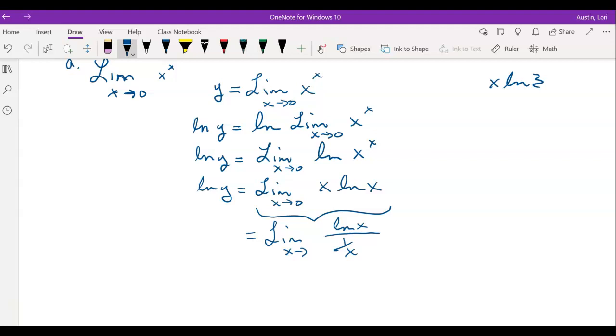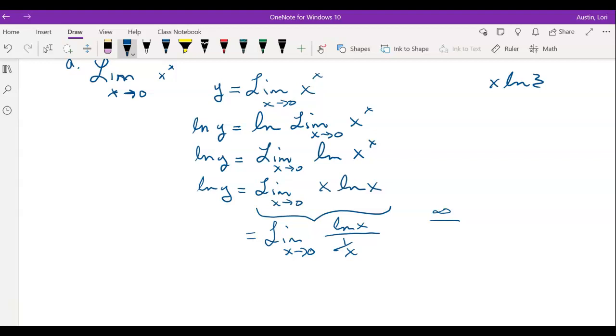Now I can apply L'Hopital, because as this goes to 0, technically you would end up with infinity over, oh, what's 1 divided by 0? Okay, not 0. What's 1 divided by a number that gets increasingly closer to 0?